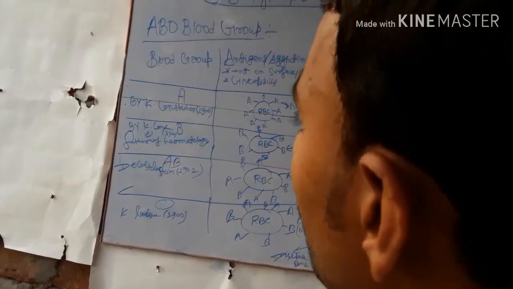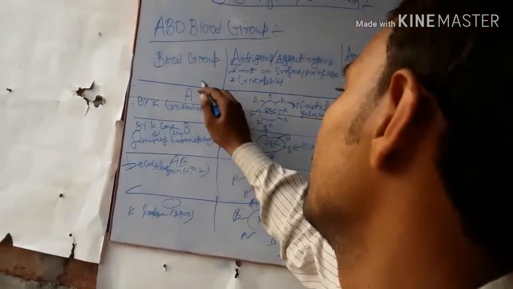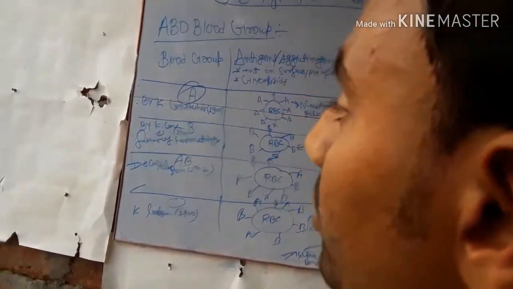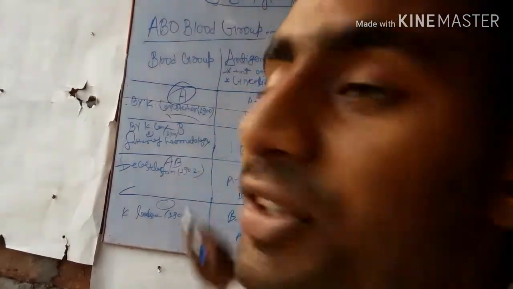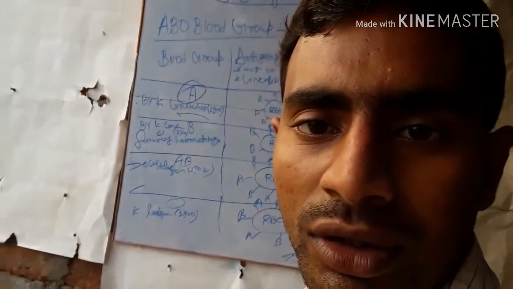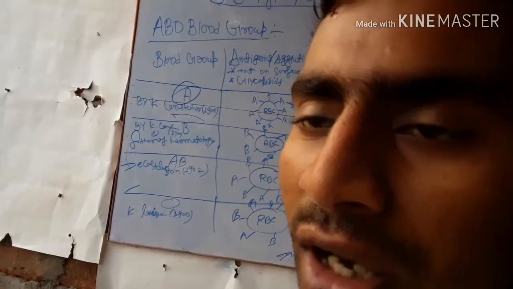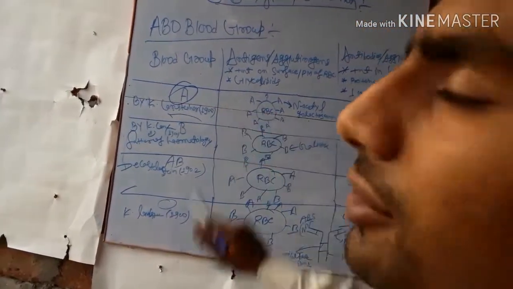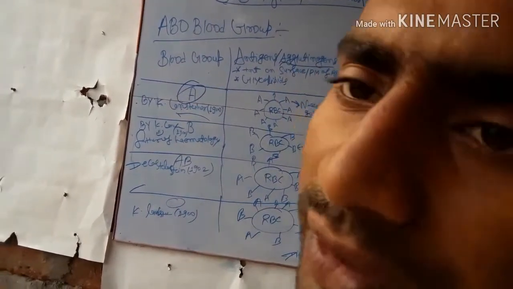First of all, blood group A. Blood group A was discovered by K. Landsteiner in 1900. Antigens are also called agglutinogens.